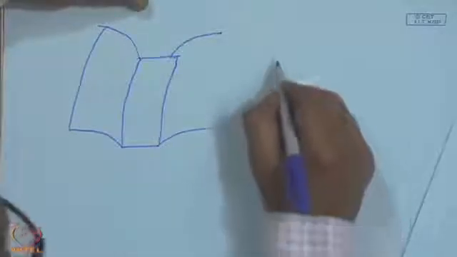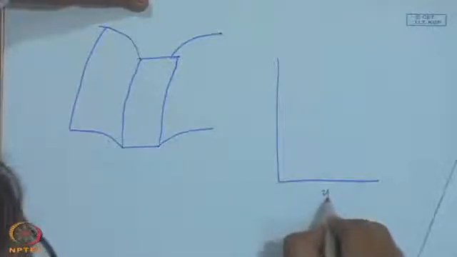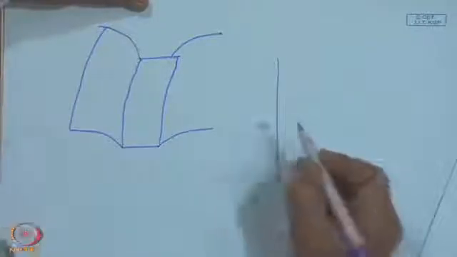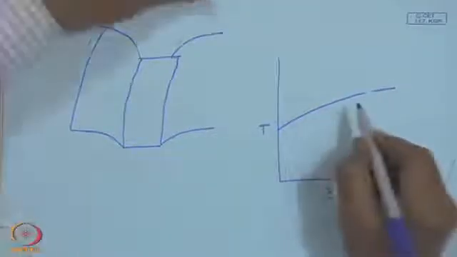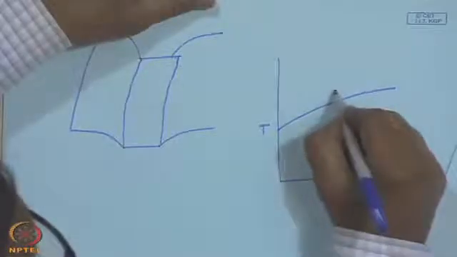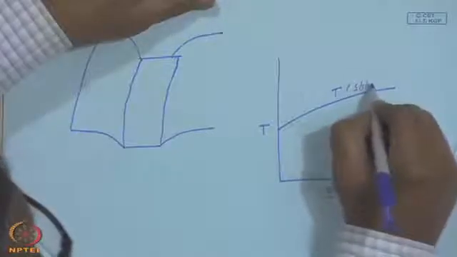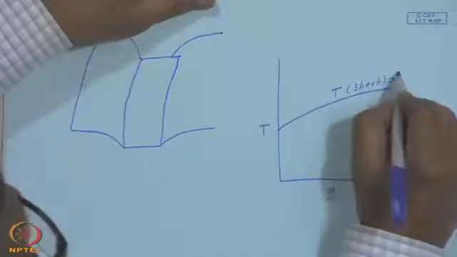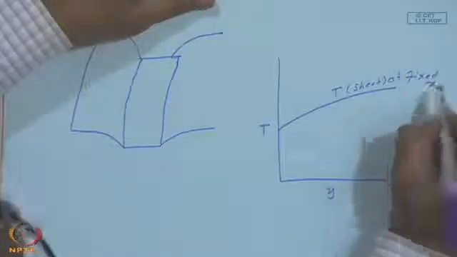So, if I plot it with respect to y and T, this will be at the beginning of the collector, this may be T on the sheet at fixed x.